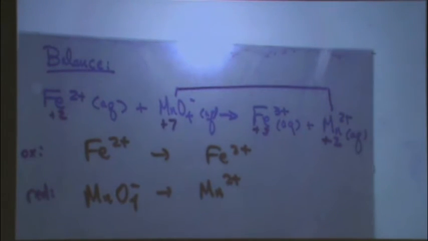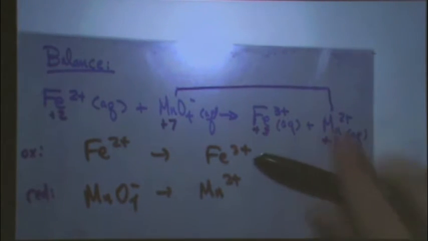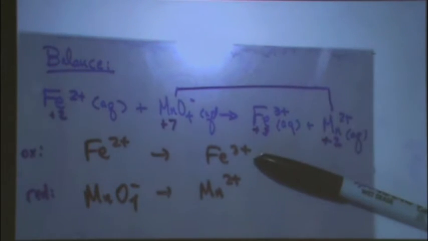Now, for each one of these, we're going to go through our 4 steps. Let's do the easy one first, which is the top one. Step 1, you balance whatever's not the oxygen or hydrogen. That's iron in this case, and there's 1 on each side already, so that's done. Step 2, you balance the oxygen, but there's no oxygen, so you can skip that. Step 3, you balance the hydrogen, but there's no hydrogen there, so you can skip that.